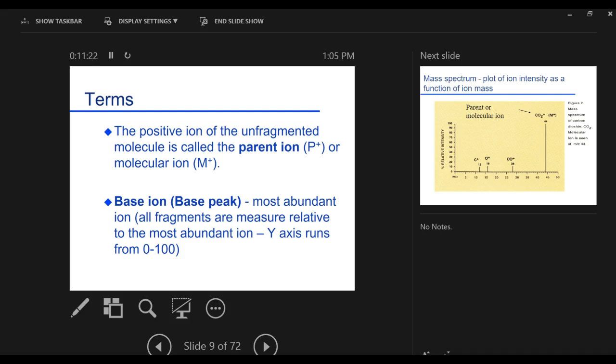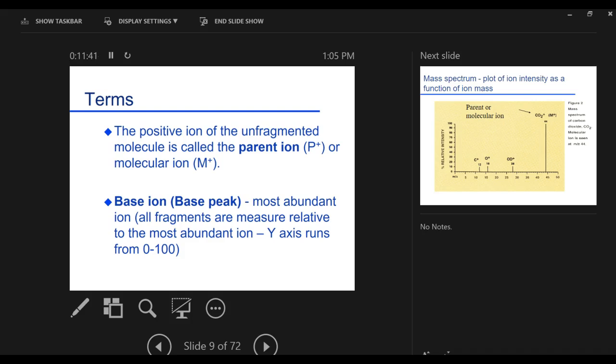The base peak is the most abundant fragment. The molecule blows into many pieces, and the most abundant one is called your base peak. This tends to be counted in a little different way than most others.